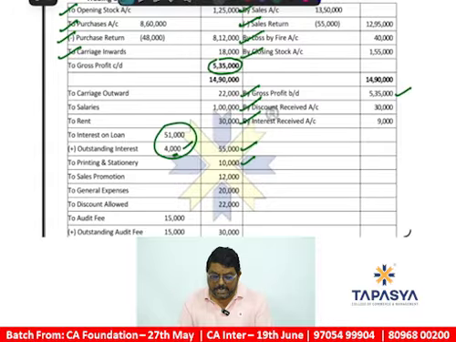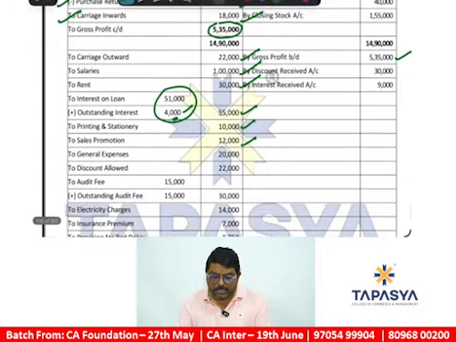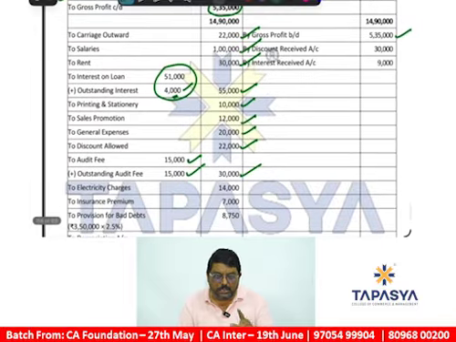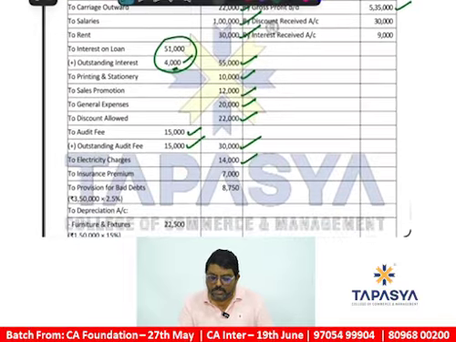Printing and stationery, sales promotion, general expense are indirect expenses, discount allowed P&L debit. Audit fees 15,000 in the inner column, only 6 months paid. Another 6 months, 15,000 outstanding, is added, and it is also a current liability. Electricity charge and insurance premium are P&L debit, that's all.